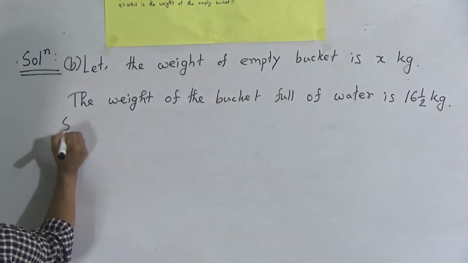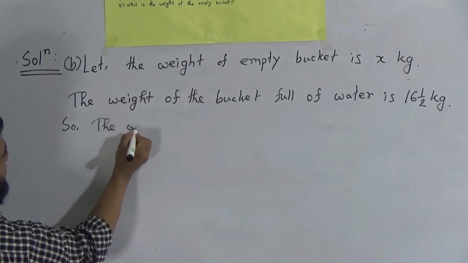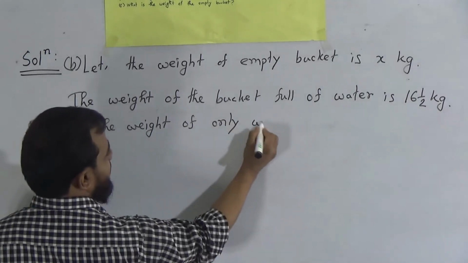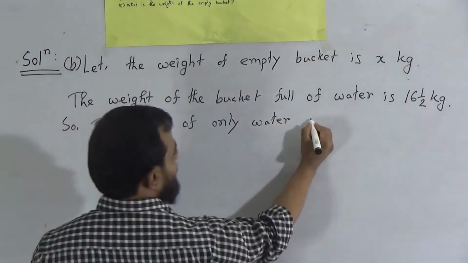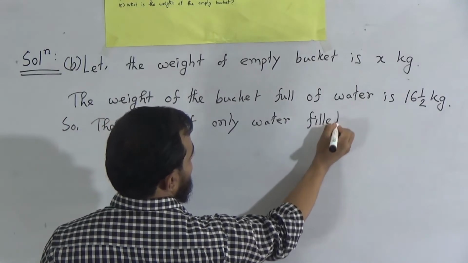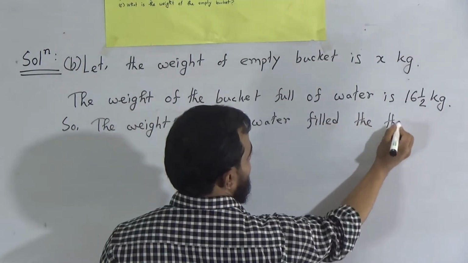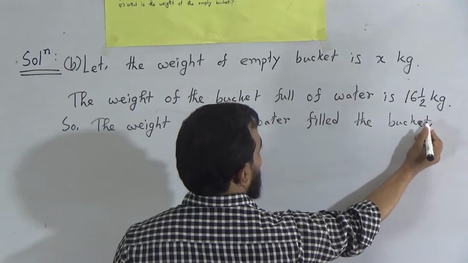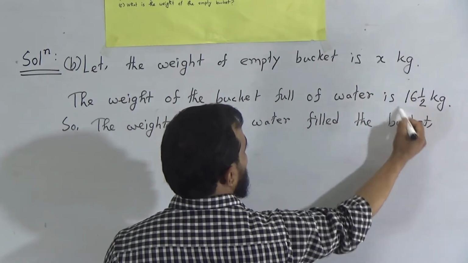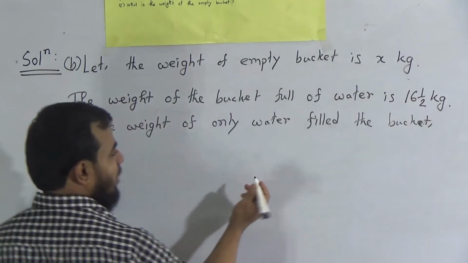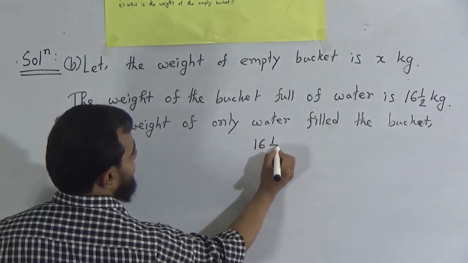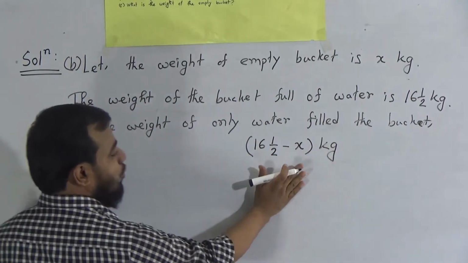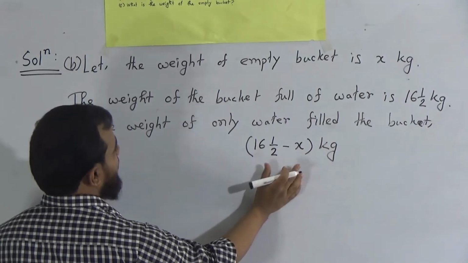So the weight of only water filled in the bucket, that is, when we subtract the bucket's weight from the whole weight of bucket and water, we get only the water's weight. That is 16.5 minus x kg. It is the weight of the total water of that bucket.